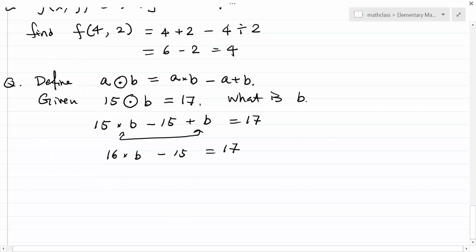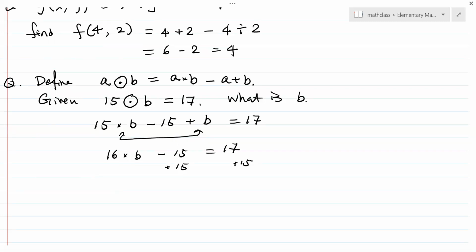Then we have to simplify a little bit, right? So how do you do that? You can do it by guess and try if you want. But my suggestion is I'm going to add the same number to both sides. If I add the same number to both sides, you will get rid of the 15.